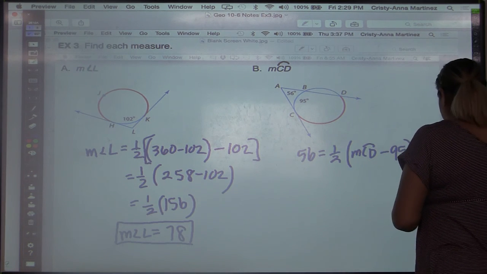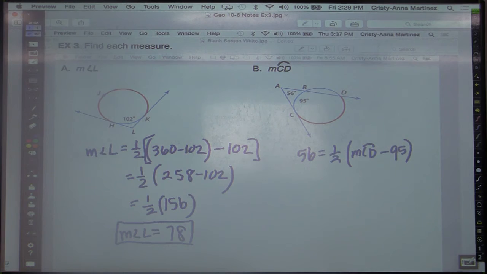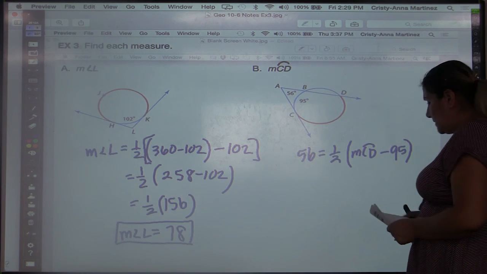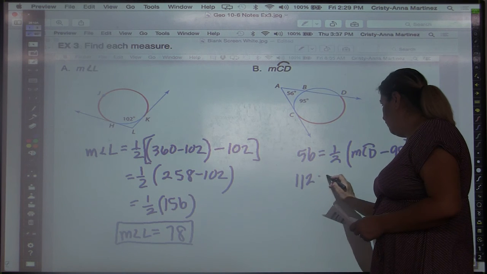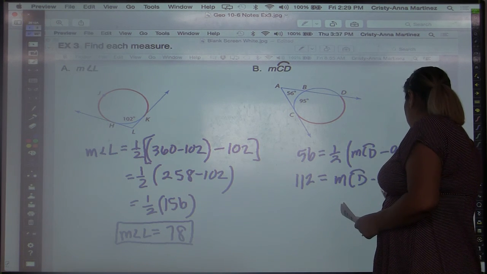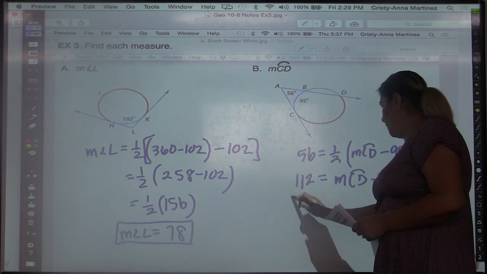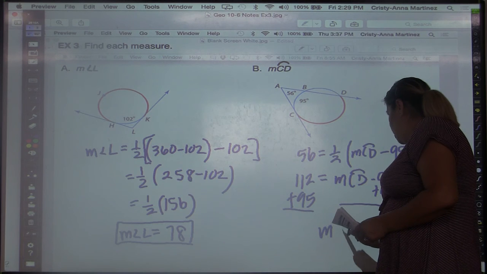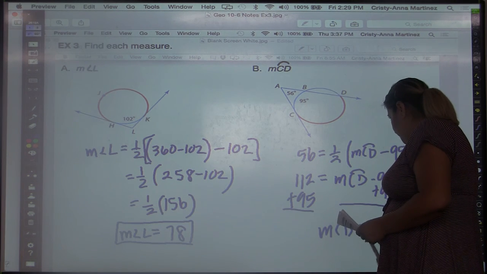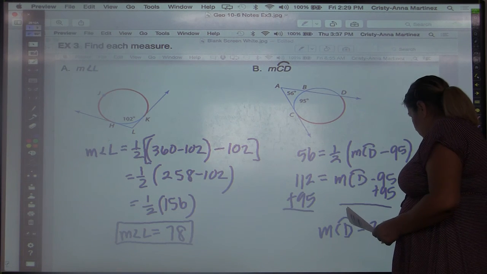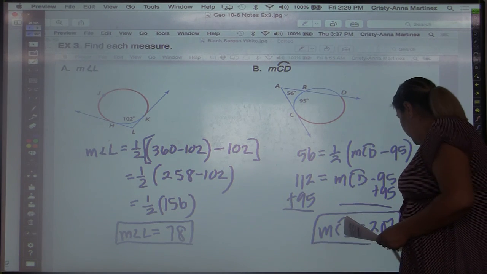So what you want to do is multiply both sides by 2 to get rid of the 1/2 here. So 56 times 2 is going to give you 112. And then we're just going to simply add the 95 to both sides. So we get that the measurement of arc CD at the end of the problem is actually 207 degrees.